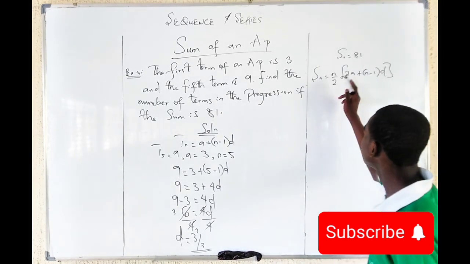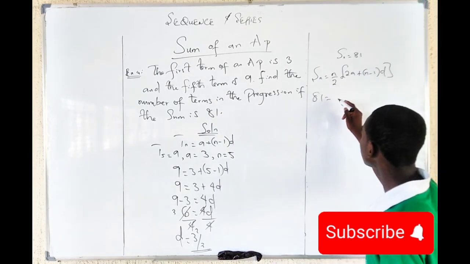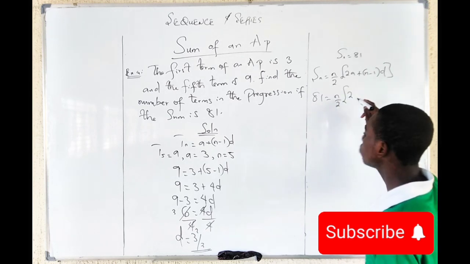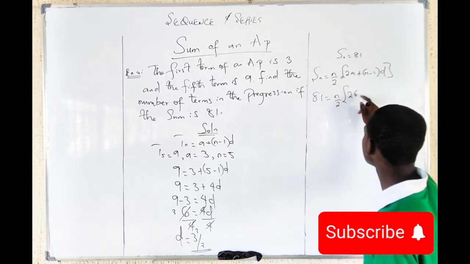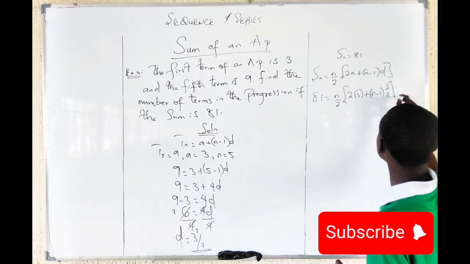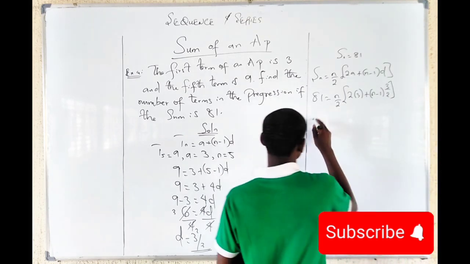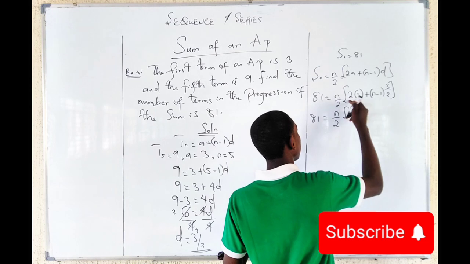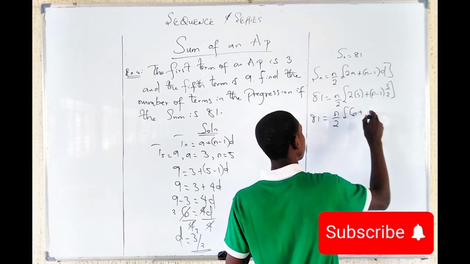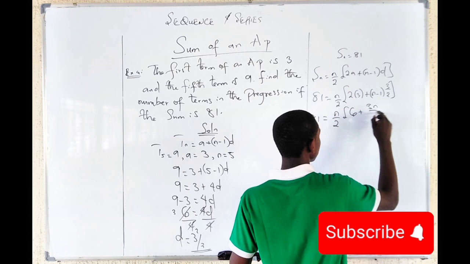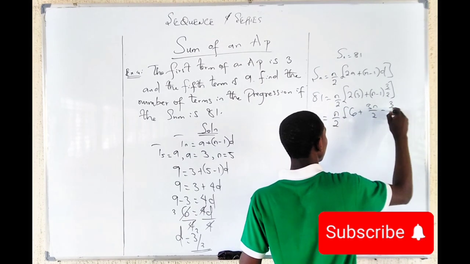To find it, we substitute: 81 will be equal to n over 2 into 2, then the first term 3, plus n minus 1 multiplied by the common difference 3 over 2. So 81 will be equal to n over 2 multiplied by 2 times 3 is 6 plus, multiplying this bracket, 3n over 2 minus 3 over 2.